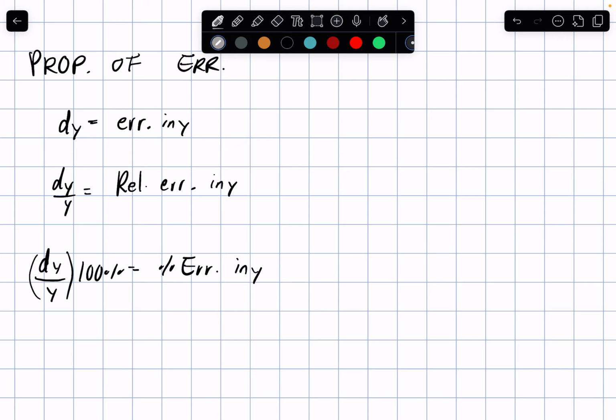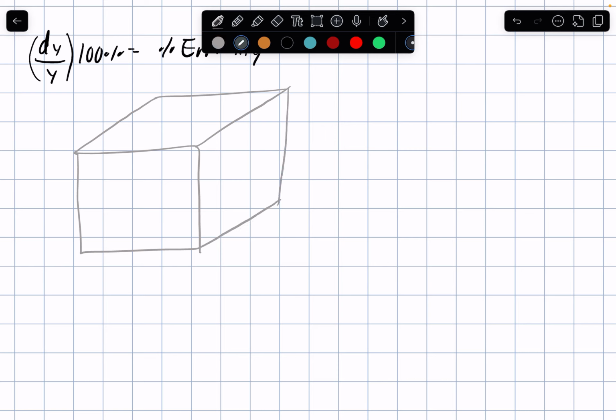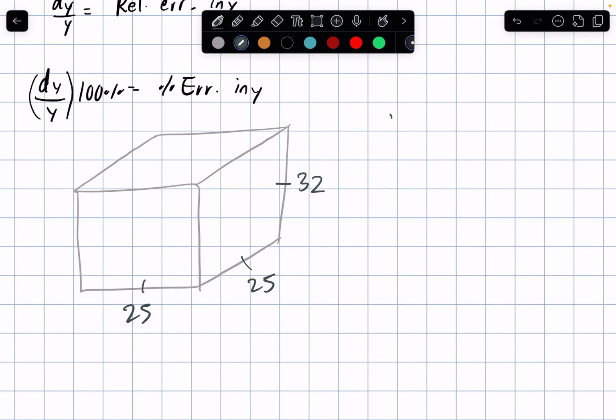So, let's try this example. This isn't exactly a cube because we are given a box, let's say this is the length, this is the width, and this is the height. The height is 32. And it says that the dB, this one by the way is a discrepancy.